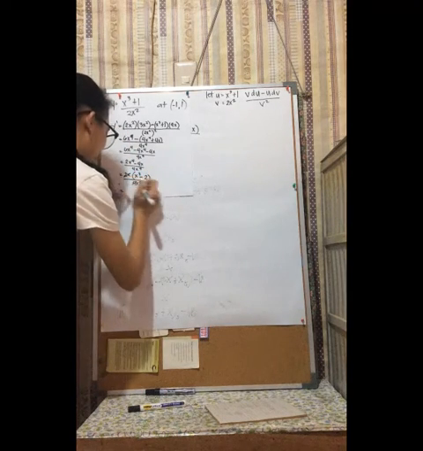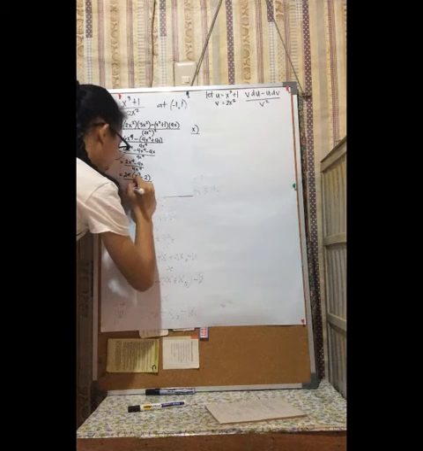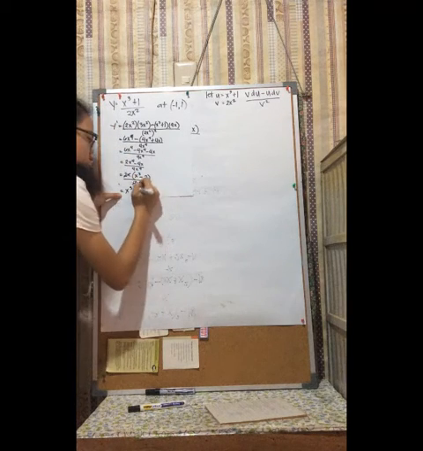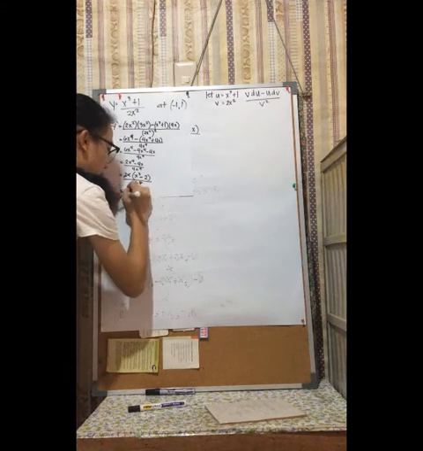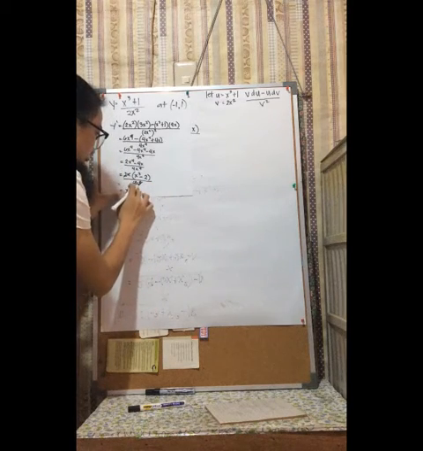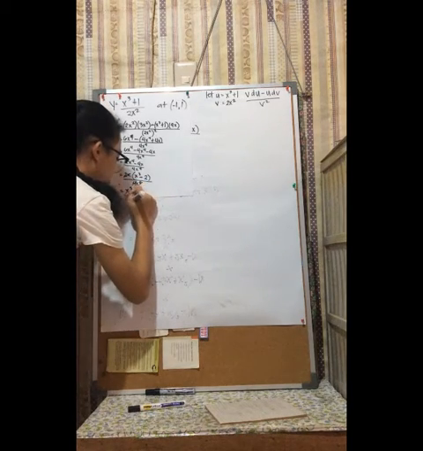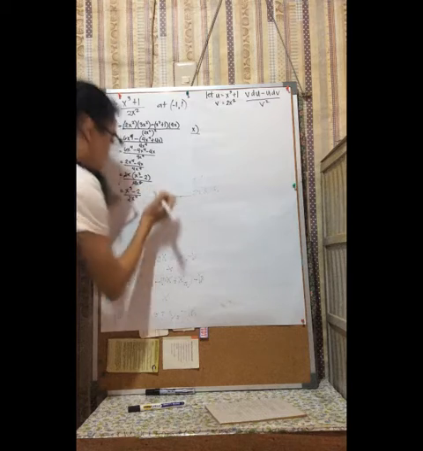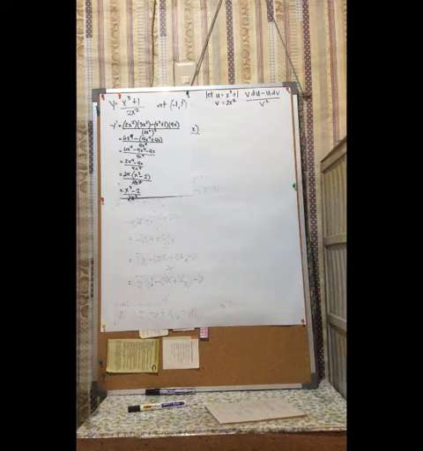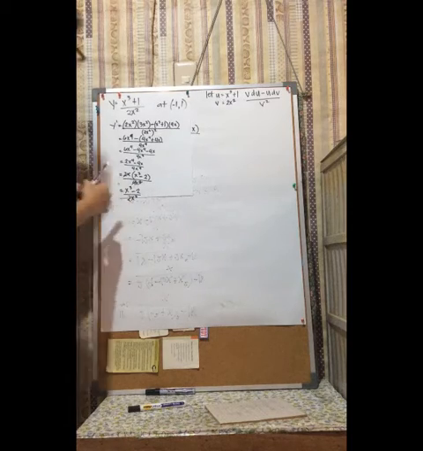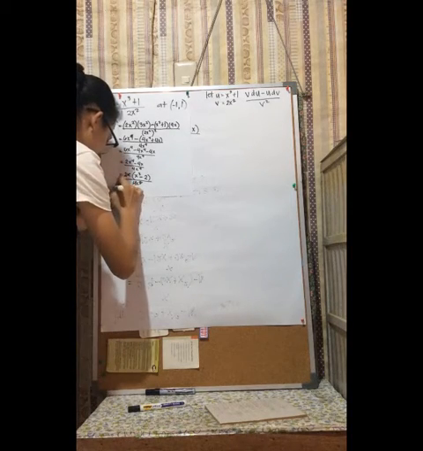So what's left is x cubed minus 2 over 2x to the power of 3. This is the first derivative.